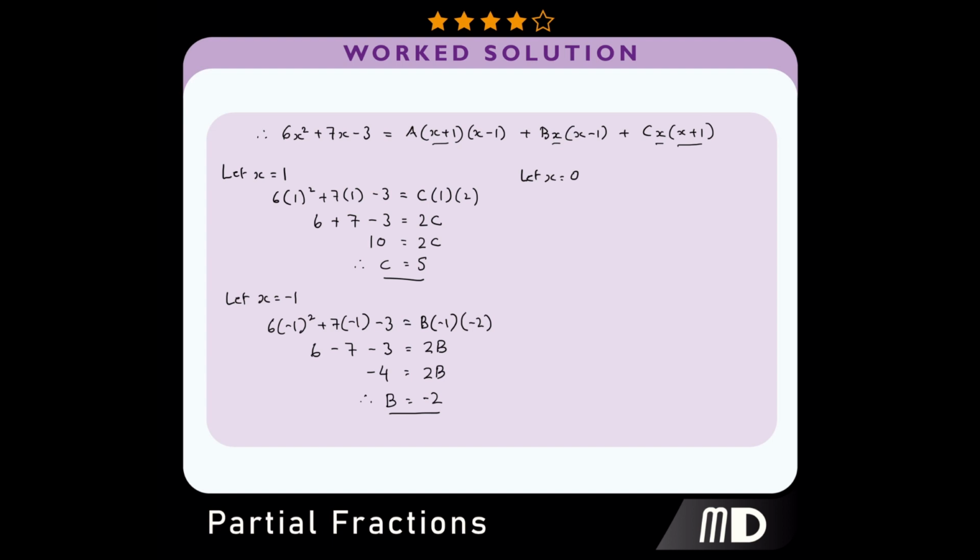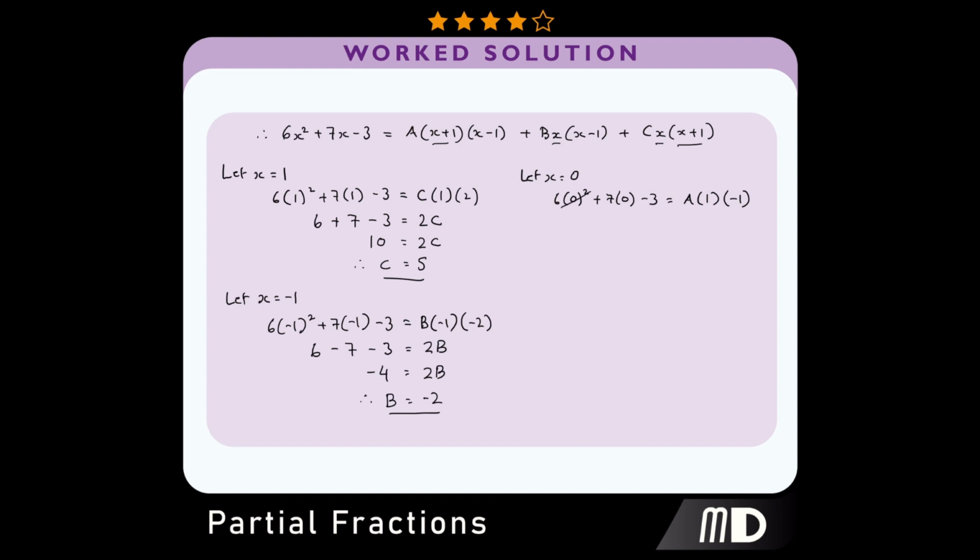Beginning on the left-hand side again, we've got 6 multiplied by 0 squared plus 7 multiplied by 0 minus 3 is equal to a multiplied by 0 plus 1, which is 1, multiplied by 0 minus 1, which is minus 1.